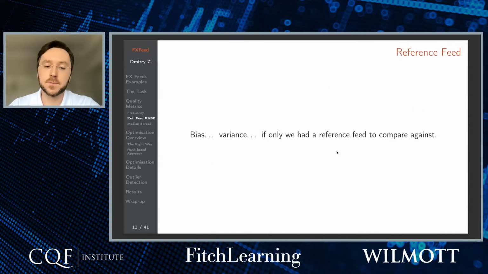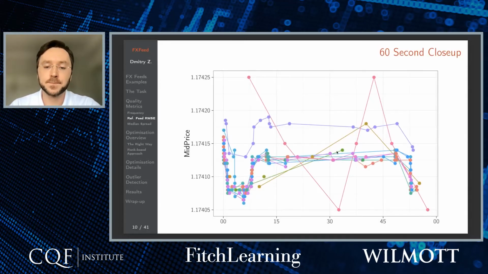So we sort of like to measure bias and variance somehow. And looking back at it again, we could have assigned some sort of an importance property to every feed, or rather to every tick. If there was large transaction volume, then this particular tick gets high weight.